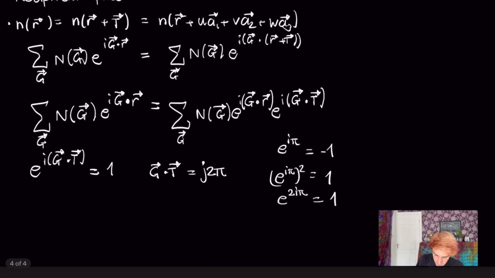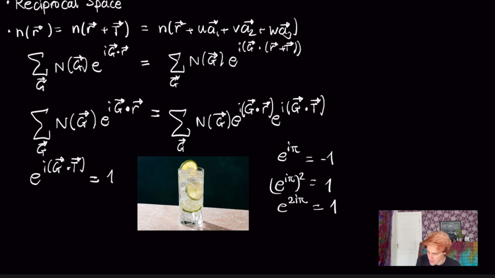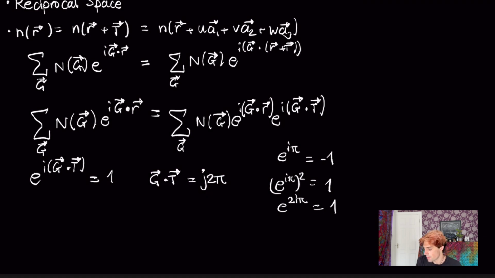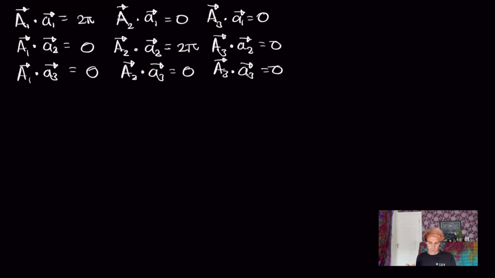Now, the way in which you can solve this is by writing out both vectors for g and t in full, but I'm just going to jump straight to the solution because it's not too hard to see how it comes about. Essentially what we find is that g, in terms of our reciprocal lattice vectors, which we had previously, and t, in terms of our real lattice vectors, are related by the following set of equations right here.